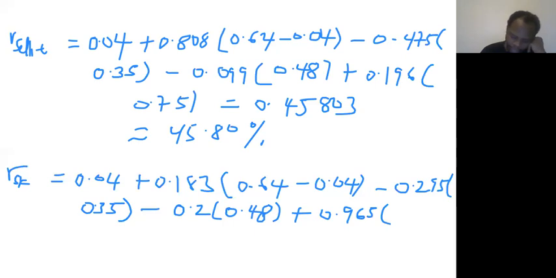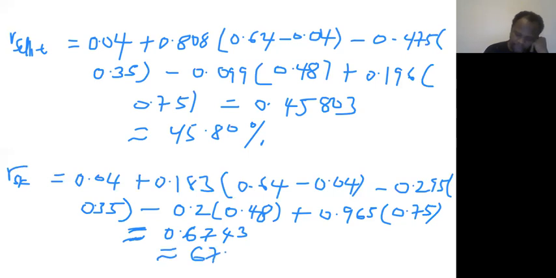When you sum up, that gives you 0.6743, which is equivalent to 67.43%. So that is using the factor model.